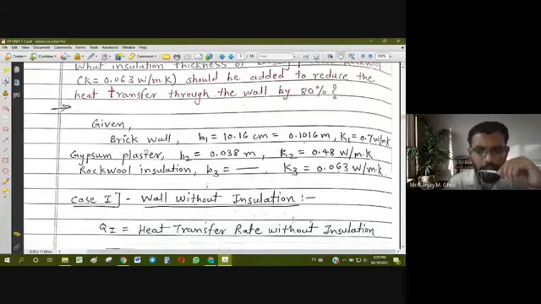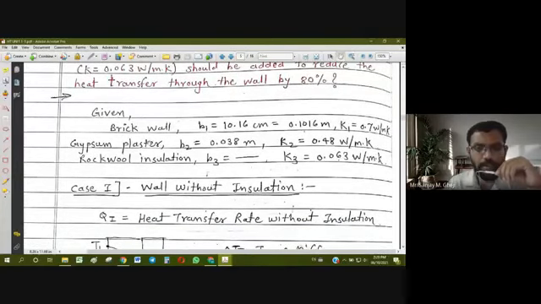so given data can be taken out from the problem statement. The brick wall thickness is B1 equal to 10.16 centimeter. In meter, it is 0.1016 meter. Conductivity K1 is 0.7 watt per meter Kelvin. Gypsum plaster thickness B2 is 0.038 meter.